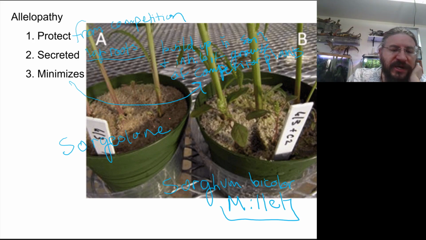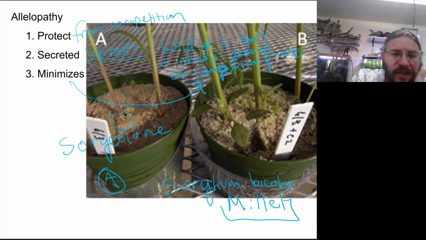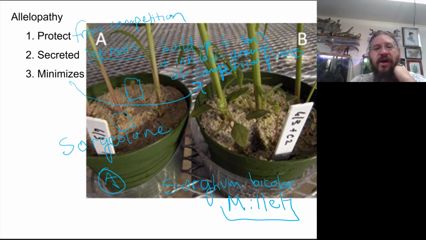And over here in this picture, A, you can barely see it, but here's a really sad seedling here. There's a very sad seedling there. These are competitor plants. Those are little pea plants. And then this is sorghum in its native sandy soil substrate.